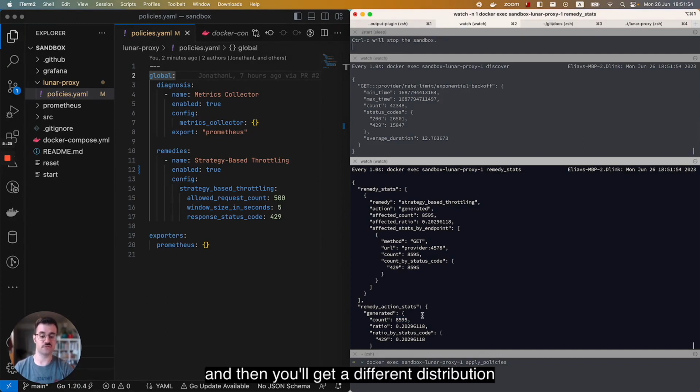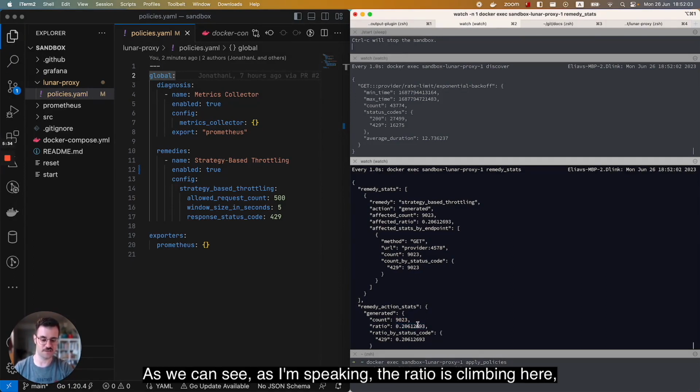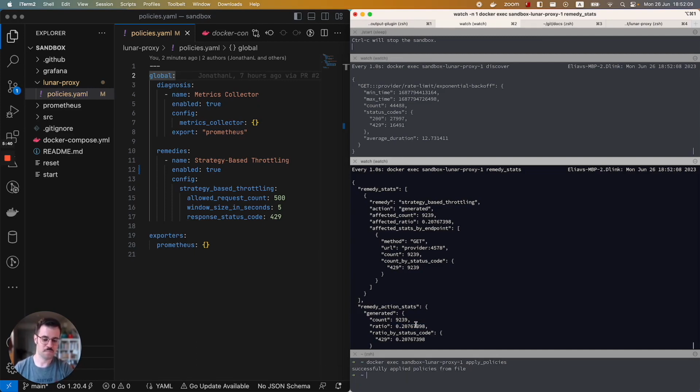Then you'll get a different distribution, and it's very nice to see what did what and how much. As we can see, as I'm speaking, the ratio is climbing here because we're eating more of the pie, as we say, in terms of how many of the transactions were remediated by this specific remedy plugin.